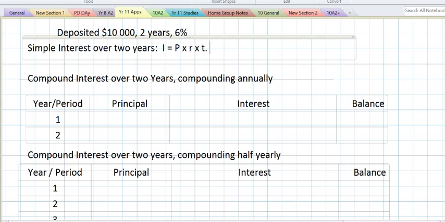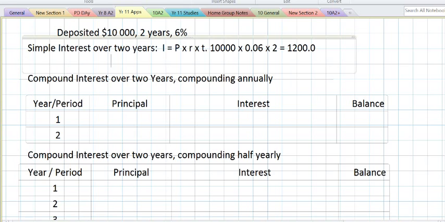And our rate or interest is in decimals, so for us this would be 10,000 times 0.06 times 2. So we have an interest of $1,200, giving us a total.